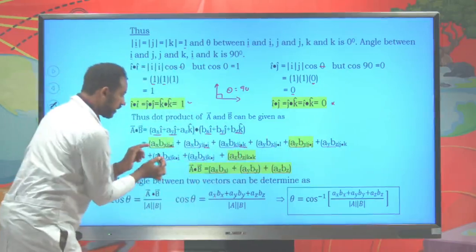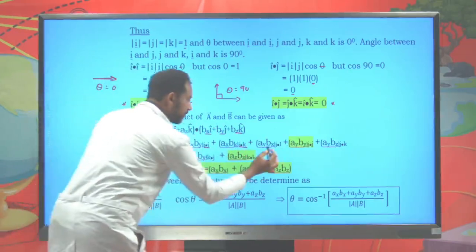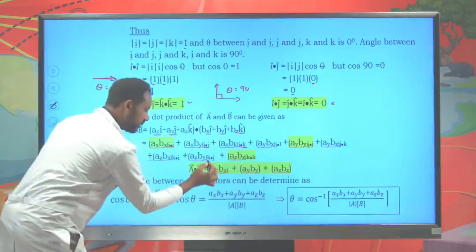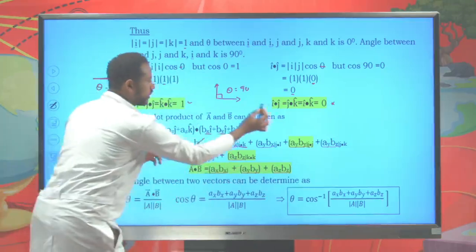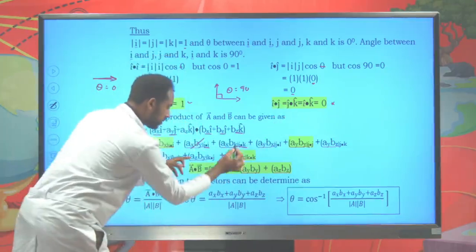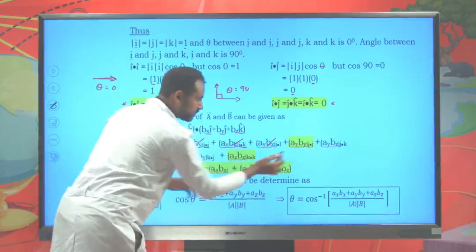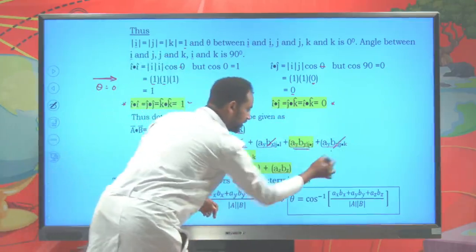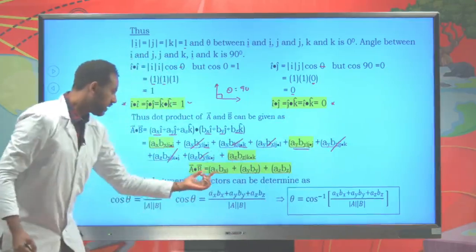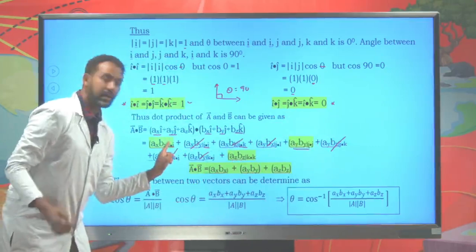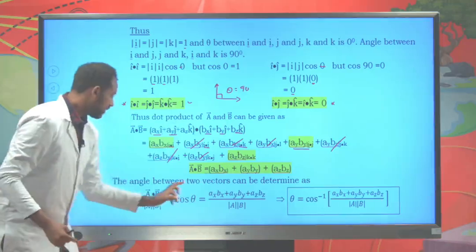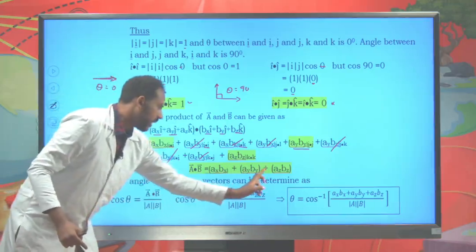The only terms that survive are i with i, j with j, and k with k. The others give 0 because i dot j and j dot k give 0. The only thing left is ax bx times i dot i, which is 1, and likewise for j dot j and k dot k. Therefore we get ax bx, ay by, az bz.